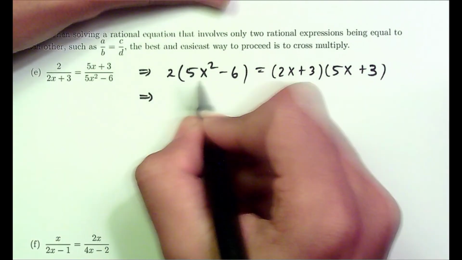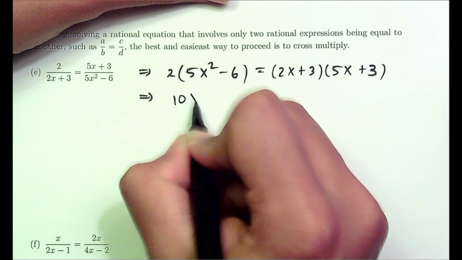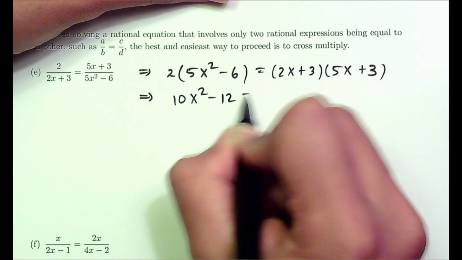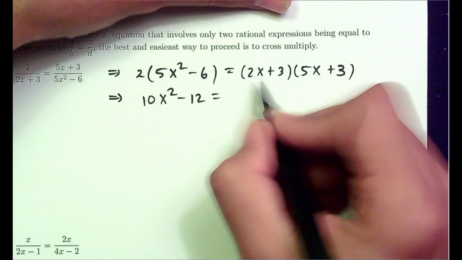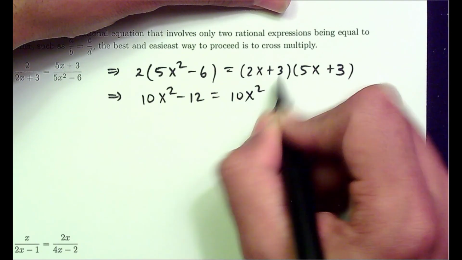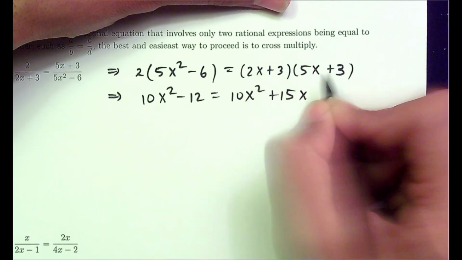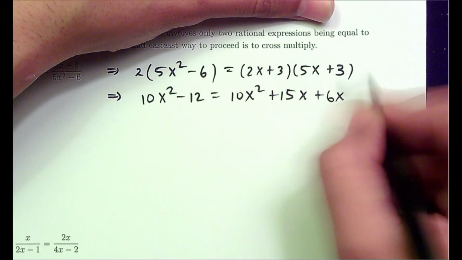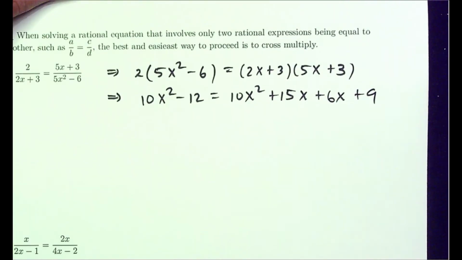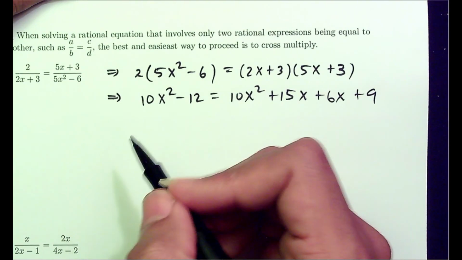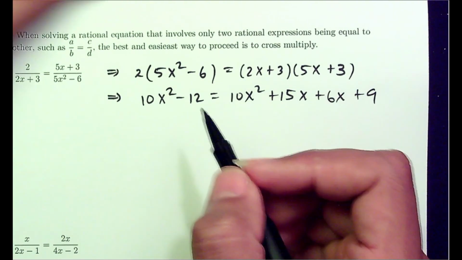So then let's continue. This is going to be 10x squared distributed minus 12. And now let's FOIL this. This is 10x squared plus 15x here plus 6x over there plus 9. Okay, move everything to the same side.